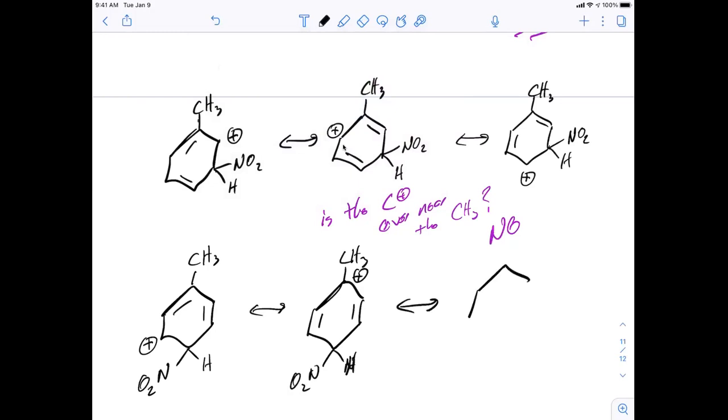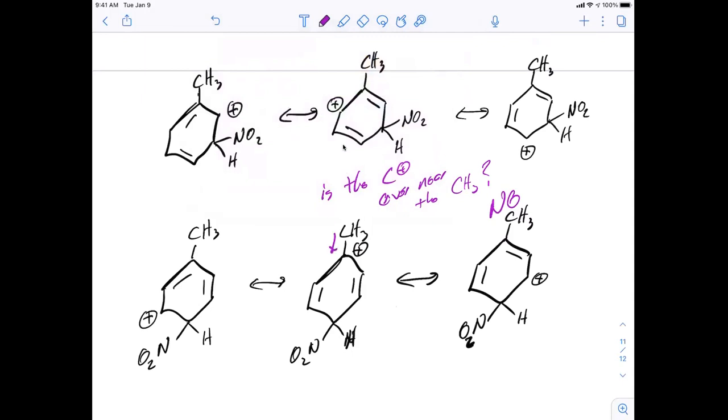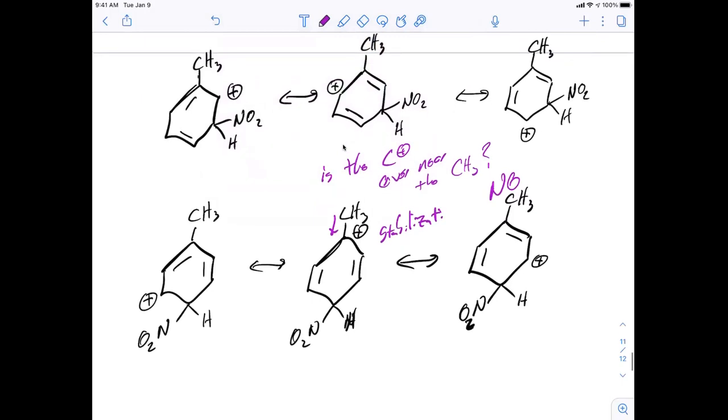And then one more delocalization. And here we see that we have stabilization of that alkene. So the ortho and para additions give me a carbocation that can be stabilized by my alkyl group. The meta does not.